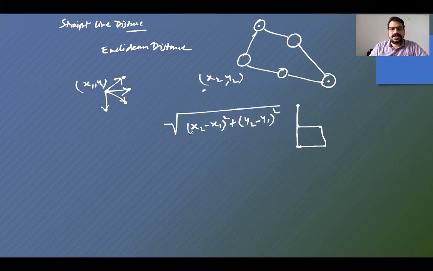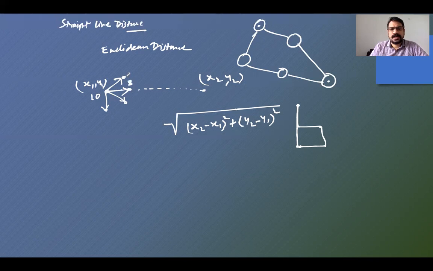That is the straight line distance we can find from one point to another point. That particular value we can put here. Let's say this value is 10. So in that way, we can decide. Let's say this is 8.